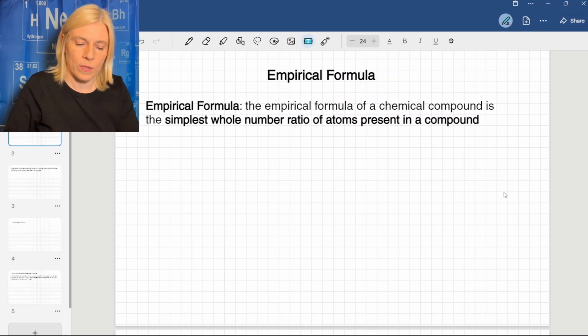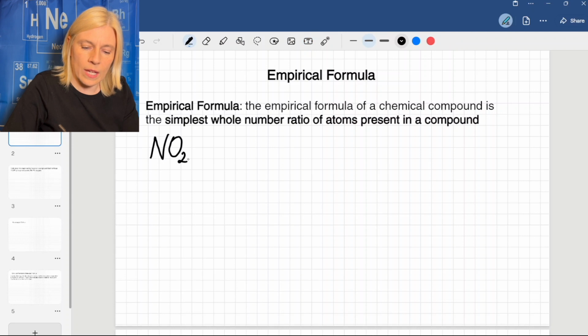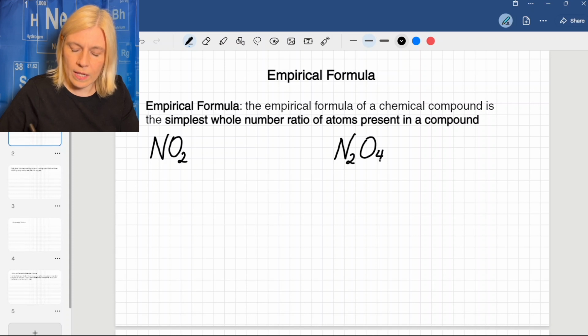If I give you a formula of a compound, let's say we're going to use nitrogen dioxide. Nitrogen dioxide is a brown, poisonous gas, not something you want to be around. And we also will look at this compound, dinitrogen tetraoxide.